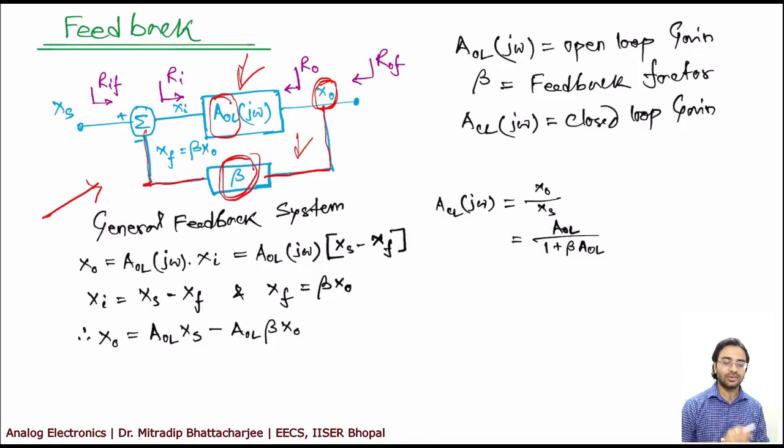This beta term is known as the feedback factor. So this output is going to the input side through this beta factor and again getting mixed with the input signal Xi. Okay. So you have a signal XS, which after mixing with the feedback signal is creating your input Xi to this AOL, and then again coming out as an output.